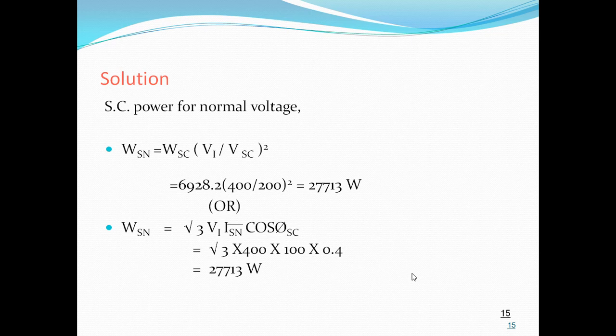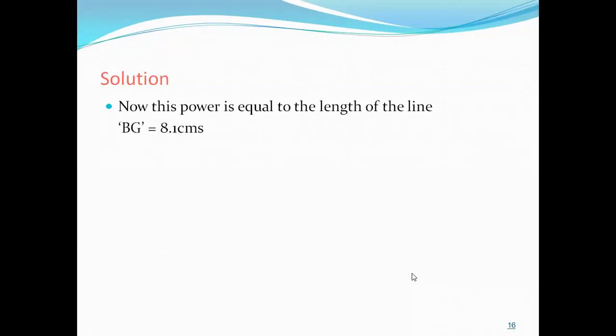This is for calculating the power scale. So we calculated the short circuit power at normal voltage. This power is equal to a length BG. So that is 8.1 centimeters. How will you get it? Just take a scale and measure BG in the graph. So that is 8.1 centimeters.